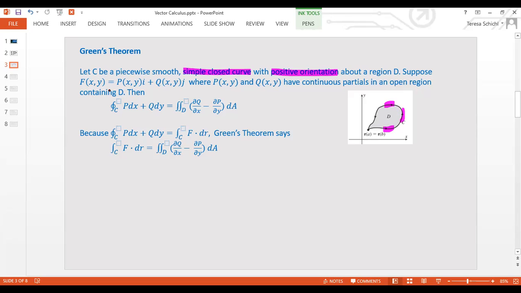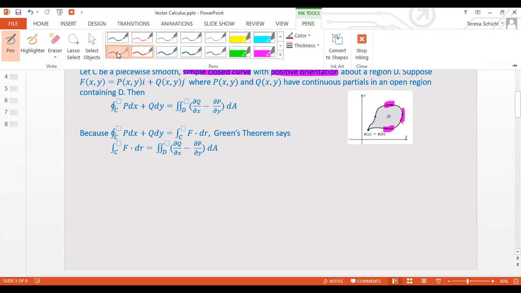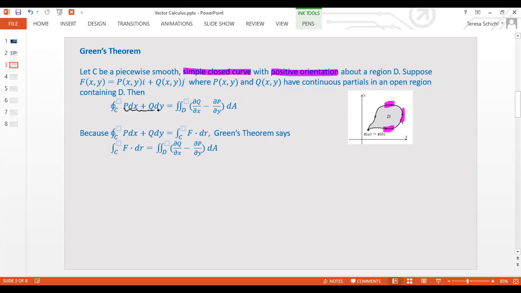Now the vector field has P of x, y as the i component and Q of x, y as the j component, and P and Q have continuous partial derivatives. I'm going to take the integration of this vector field over this path.